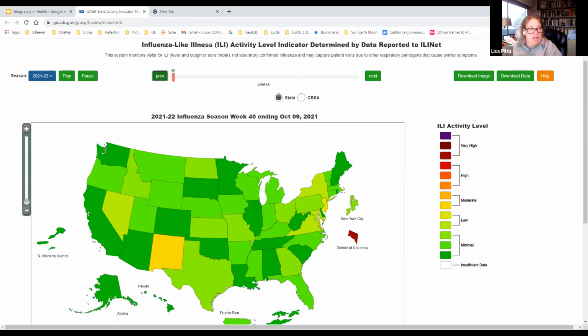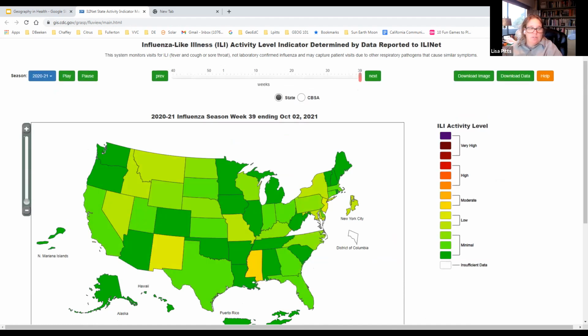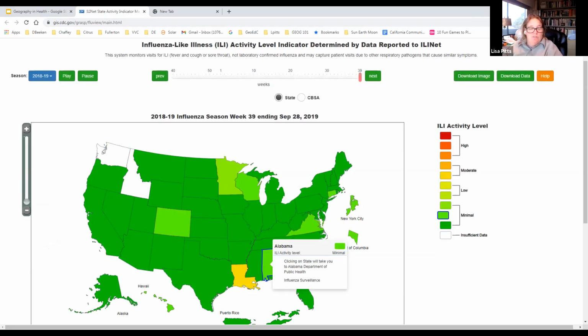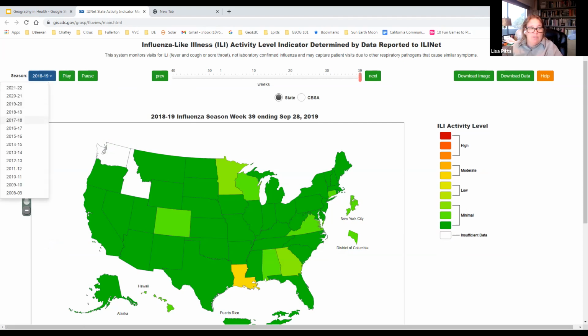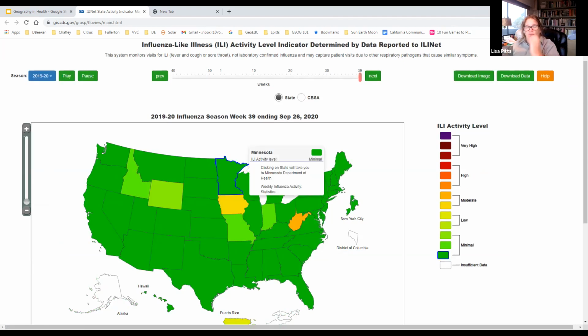So we can look at last year because, let's not look at last year. Last year was not a very big flu situation because of COVID, believe it or not. So there wasn't a lot of flu back then last year because most people were staying home and staying away from each other.